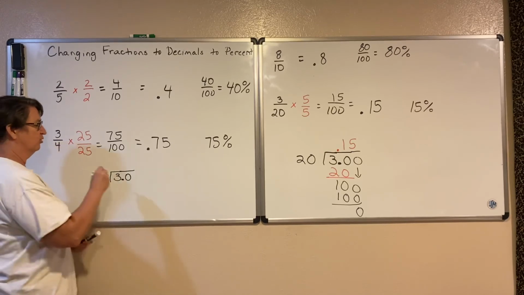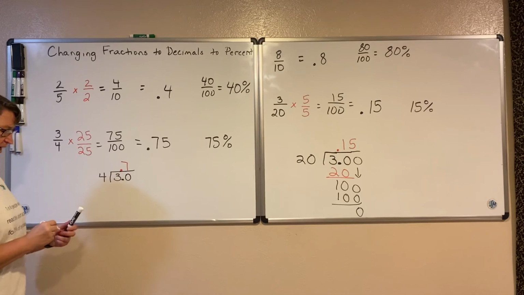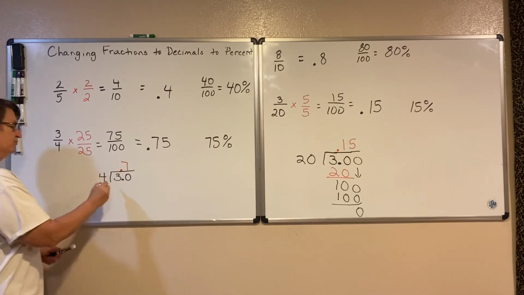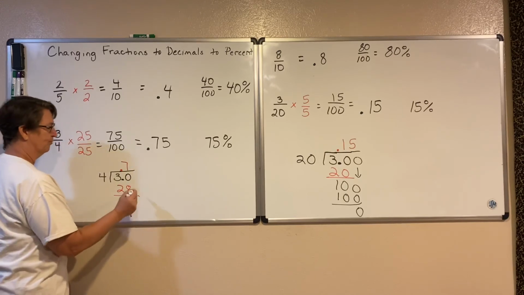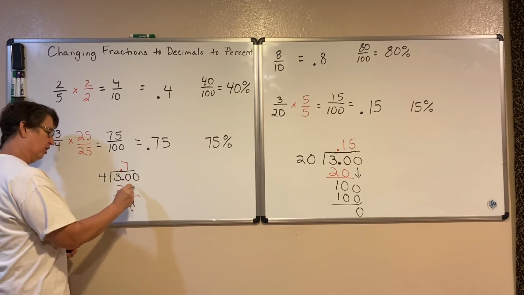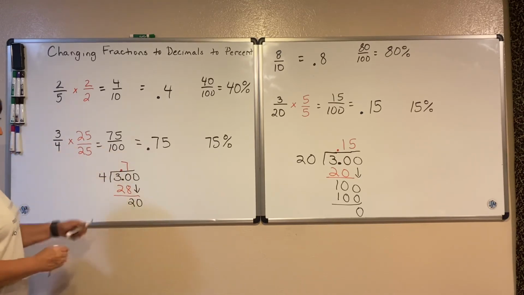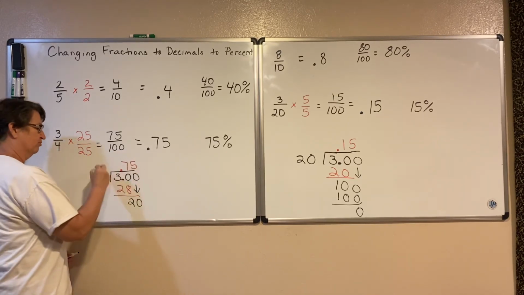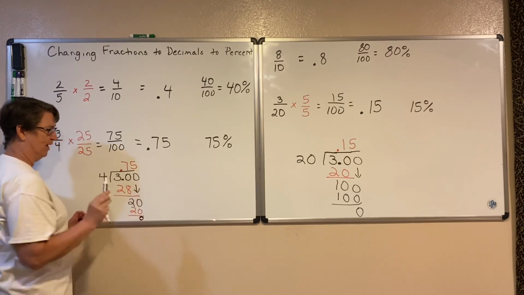So this decimal here follows straight up, and it goes in there 7 times. Now I multiply. 7 times 4 is 28. Subtract, and we get 2. Add another 0 as long as I have a remainder there. 4 goes into 20 5 times. Multiply. 5 times 4 is 20. Subtract, and I don't have a remainder, so I'm finished.